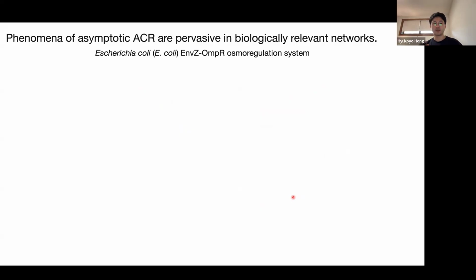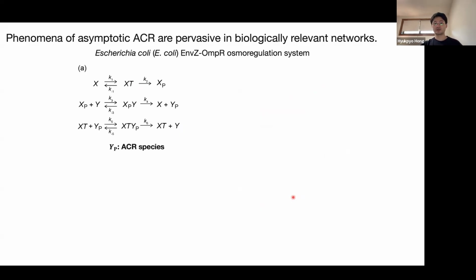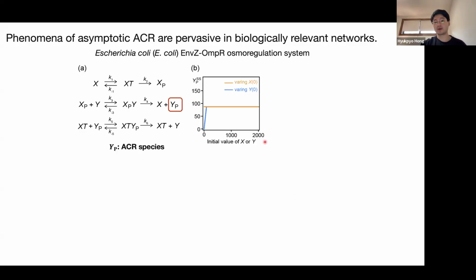And this is not only from those exemplary networks, but also there are many asymptotic ACR phenomena showing up in biologically relevant examples. So this is again an example from the same paper. When we computationally and numerically test several dose response curves from the system, we can draw the dose response curve of the y sub p species like this.